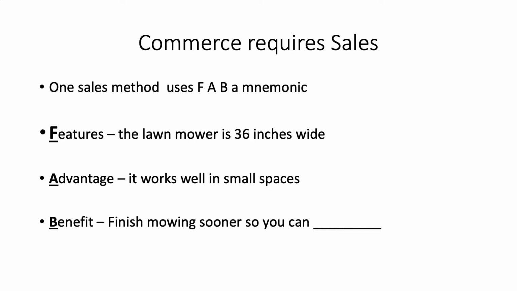If you have a 36-inch wide lawnmower, you can finish mowing sooner so that you can go to the beach, go to the symphony, whatever. And that's part of sales is you have to know what the person wants to do when they finish mowing, or you can't personalize the benefit into something they really want.